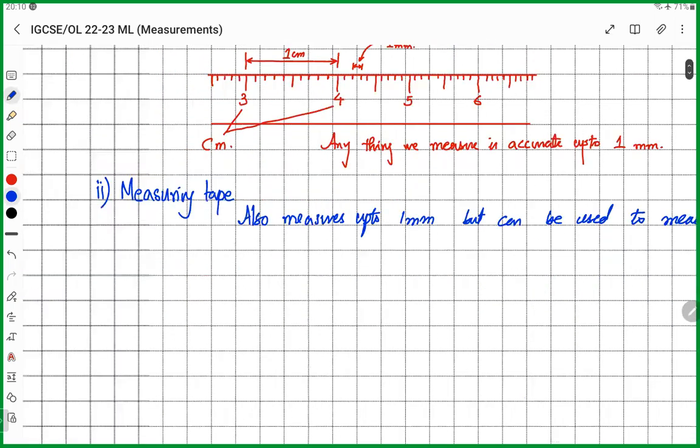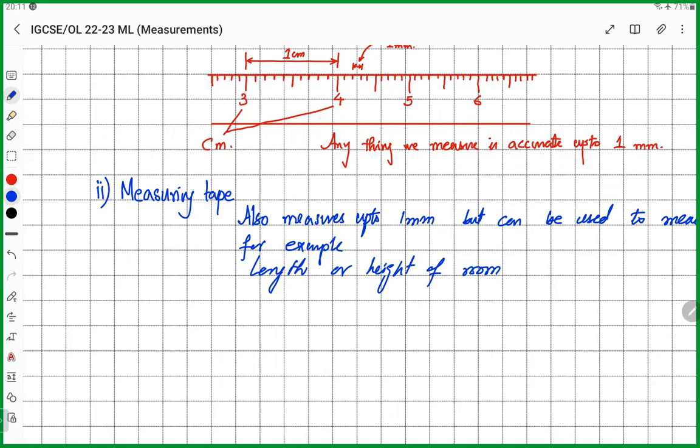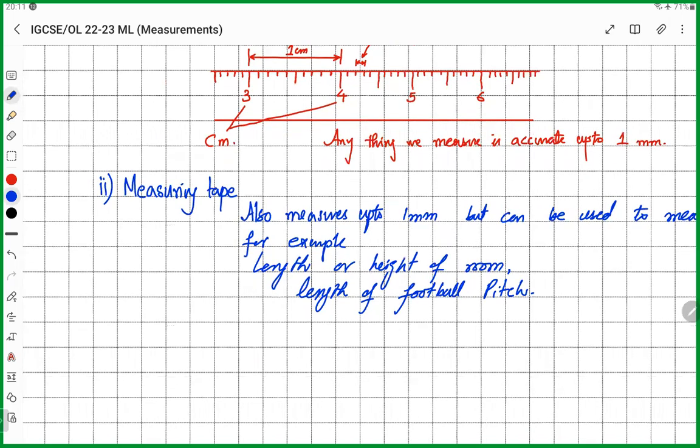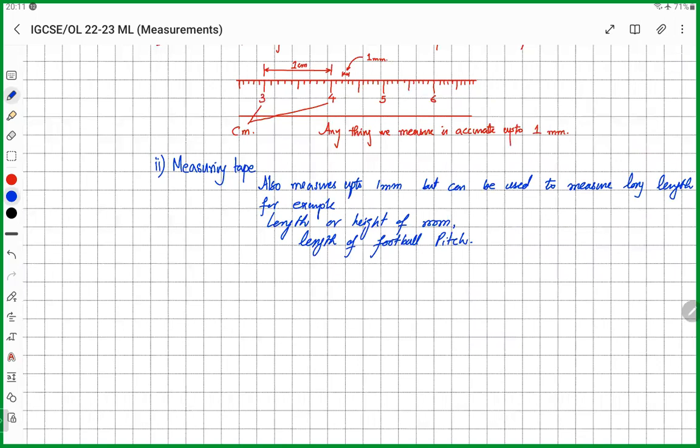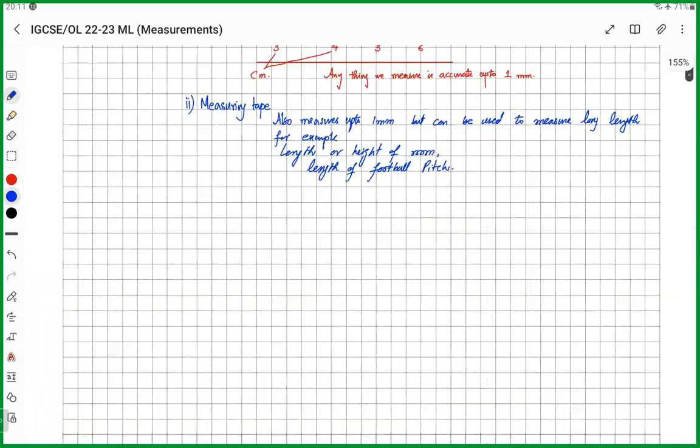For example, the length or height of a room, or the length of a football pitch. So if you want to measure how long a pitch is, or where the lines should go, you can use a measuring tape for that.